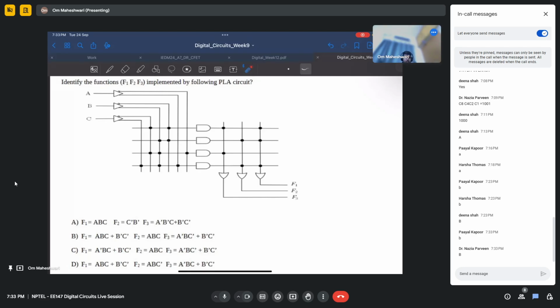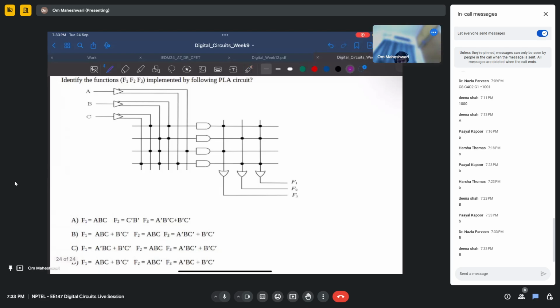Okay, so we have two answers at B. B is correct. So let us solve this. C bar, choose similar color. C bar, this is B bar, this is B, this is B bar, C bar, B, C, B, A. This is A bar.